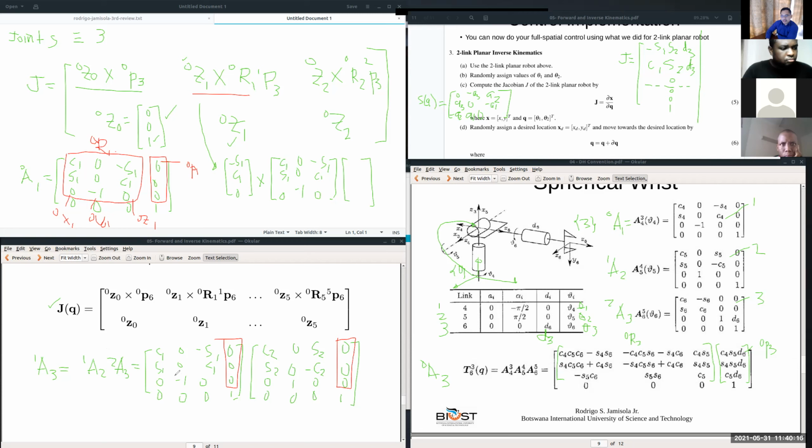The result of this computation will be a rotation part 1R3 and a position part 1P3. We are only interested in the 1P3 part, so we can compute this directly.